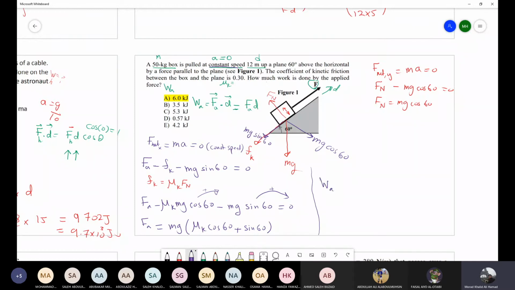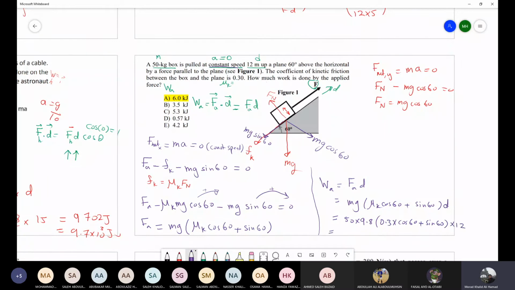The work applied will be equal to Fa d, which is equal to mg times mu k cosine 60 plus sine 60 times d, which is 50 times 9.8 times 0.3 times cosine 60 plus sine 60 times 12.